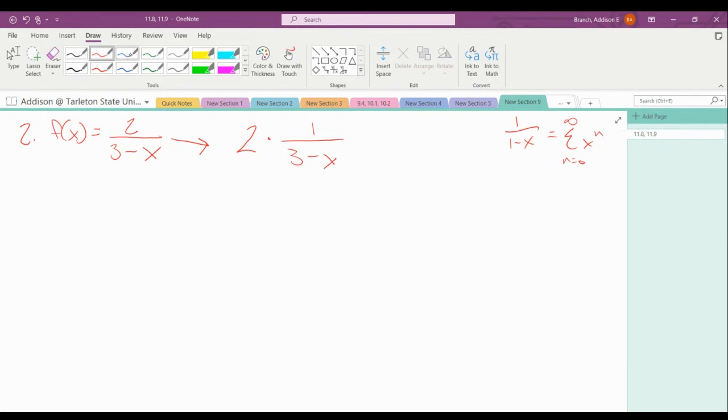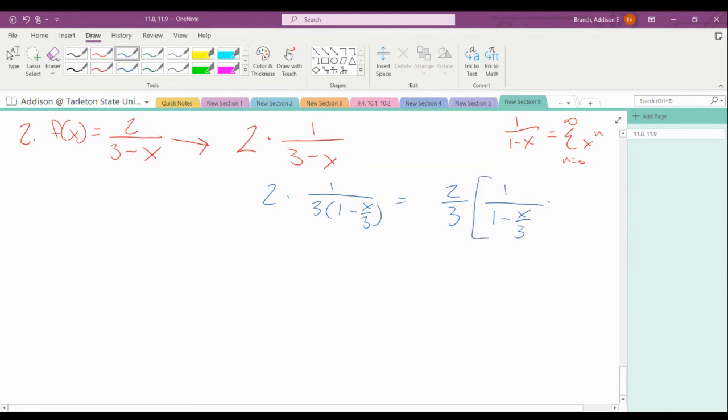Now we have to worry about our denominator because we have a 3 minus x. We really want a 1 minus something, some sort of x. So in our denominator, we can factor out a 3 from there. So 1 over 3 times 1 minus x over 3. So we can say we have 2/3 times 1 over 1 minus x over 3.